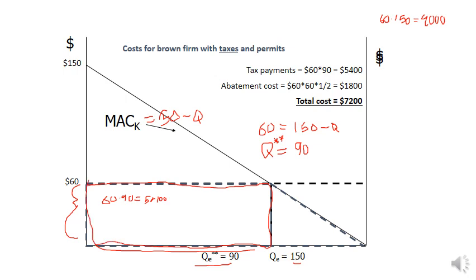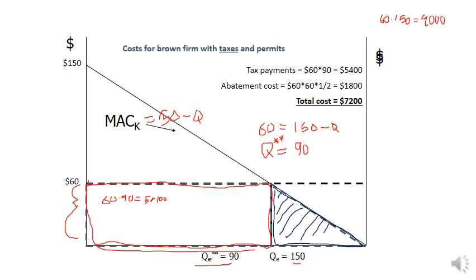How much are they paying to abate down to the 90? Well, they're abating 60 units of pollution. That's 150 that they would pollute in absence of the cost, 60 units that they're abating to get them to that optimal level of 90. And again, we calculate the total abatement cost as this triangle under the marginal curve.